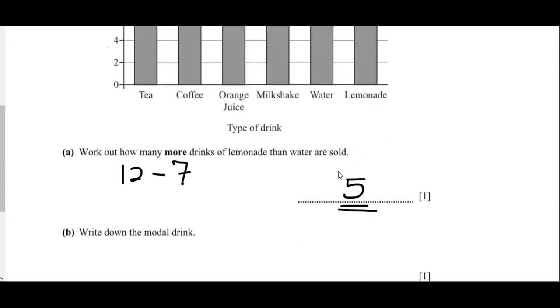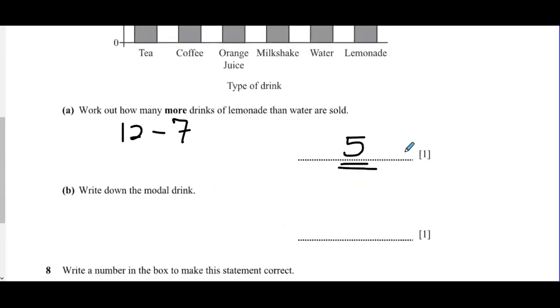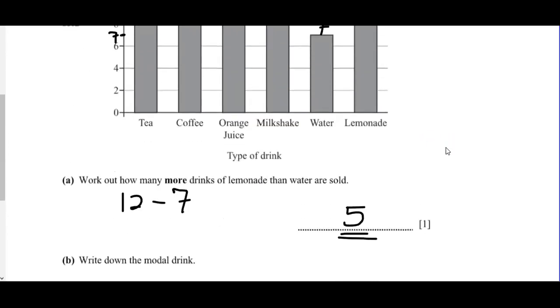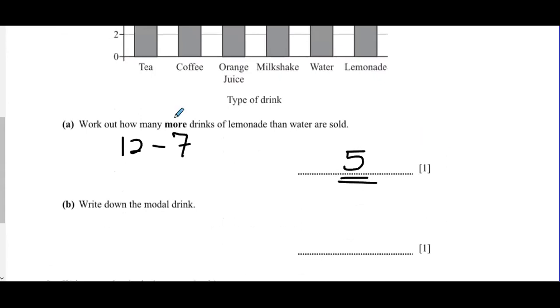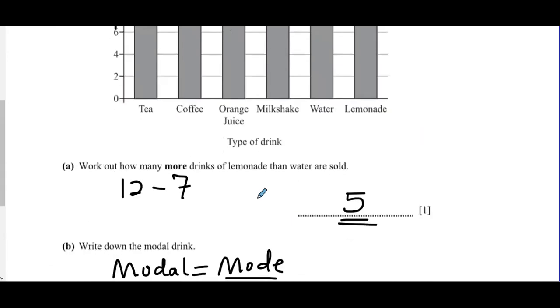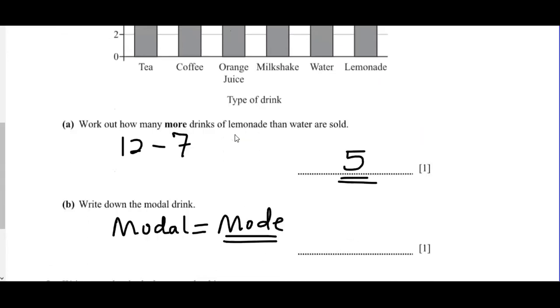Okay, the next one is write down the modal drink. What does modal drink mean? The word modal comes from the word mode, and mode is the data which has been repeated most frequently.